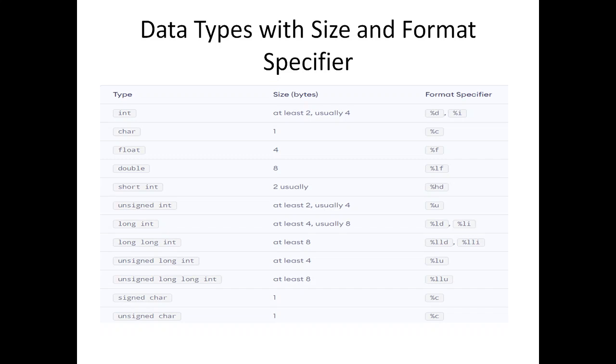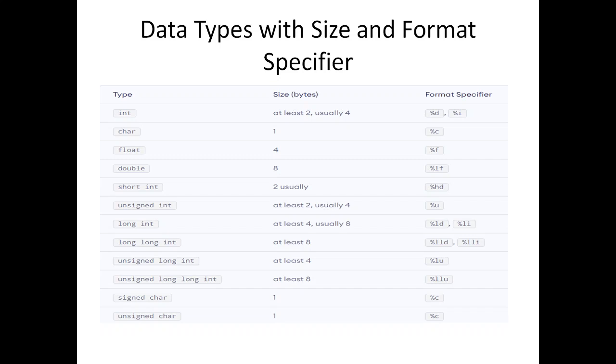And then you have unsigned int. You can store an integer either signed or unsigned. In the case of unsigned int, the size is 2 bytes or usually 4 bytes, and the format specifier is %u. Then long int, which is at least 4 and usually 8 bytes, and it's %ld or %li.